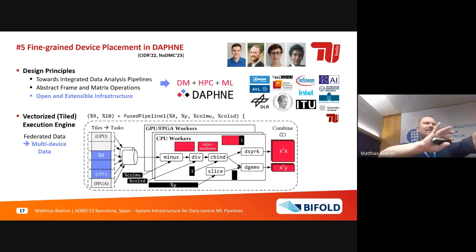Similar to placing a matrix onto multiple production sites, the same concepts apply to placing a matrix over multiple physical devices and then running what we call vectorized execution pipelines, where we take slices of a matrix and feed them through an entire pipeline of operations.